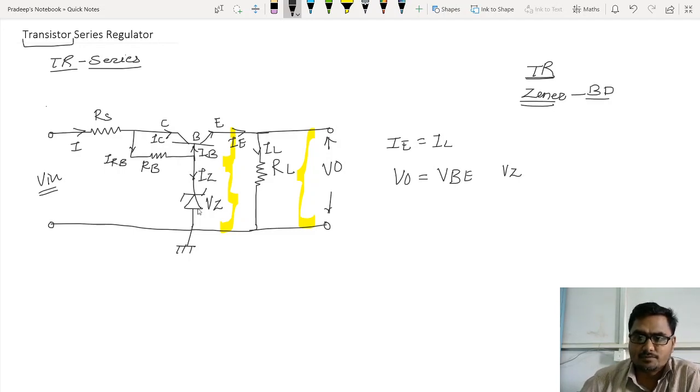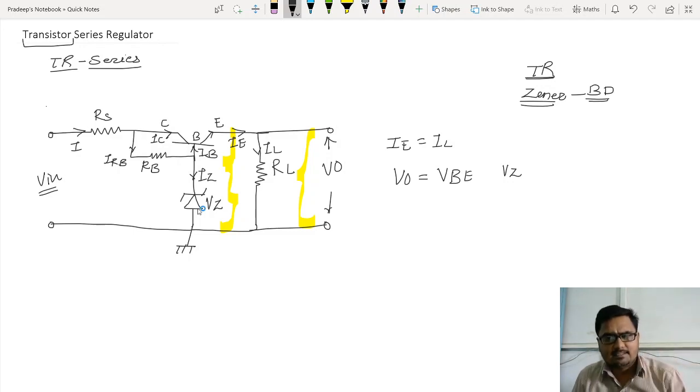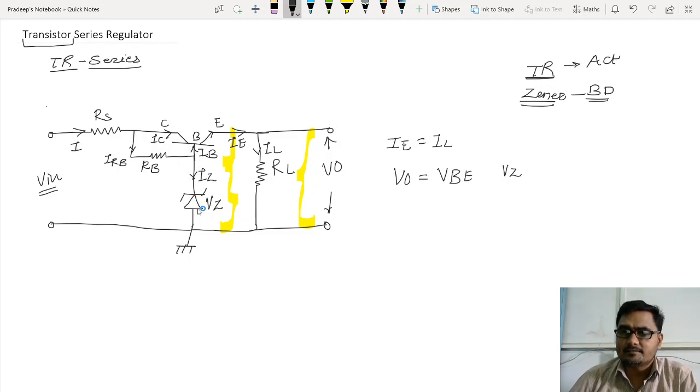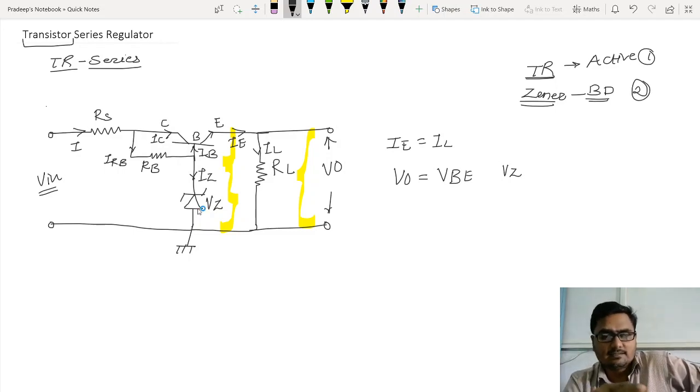That is the most important thing. The Zener diode must be in the breakdown region and the transistor must be in the active region. Those two things are really important. If we are studying the transistor series regulator, then the transistor must be in the active region and the Zener must be in the breakdown region.